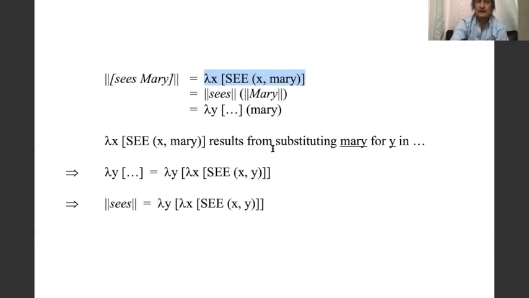So if we assume that this Mary here is the result of taking this Mary and replacing an occurrence of Y in here, then this ends up as this.